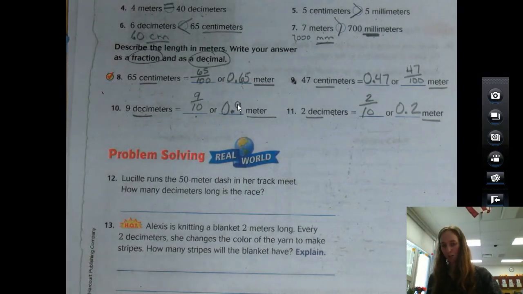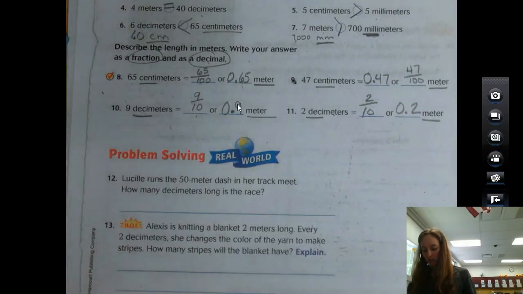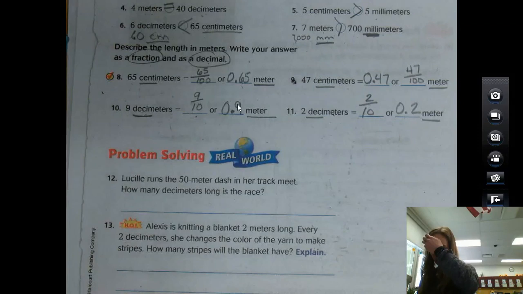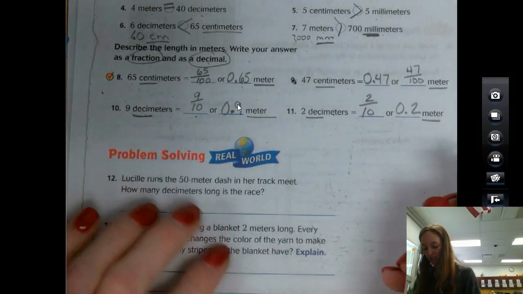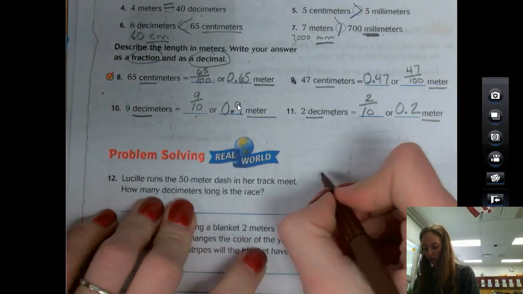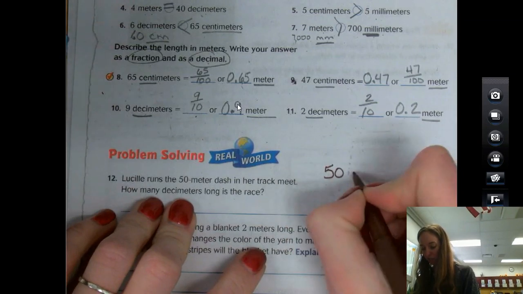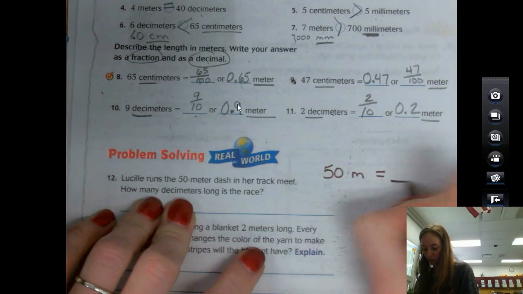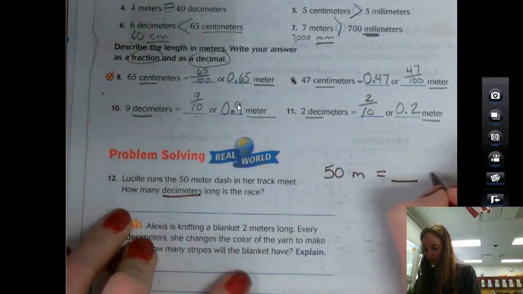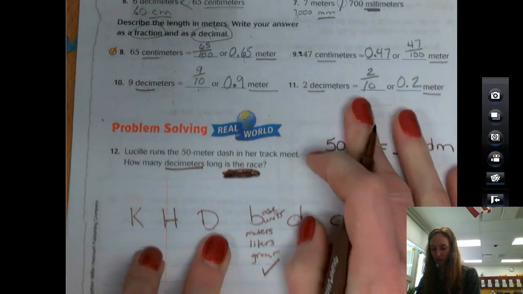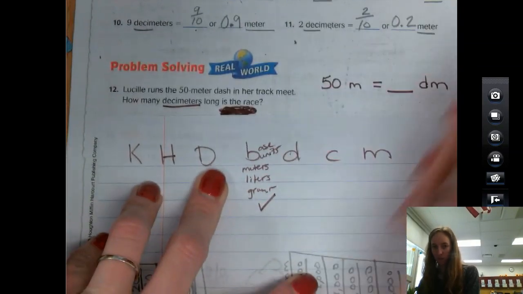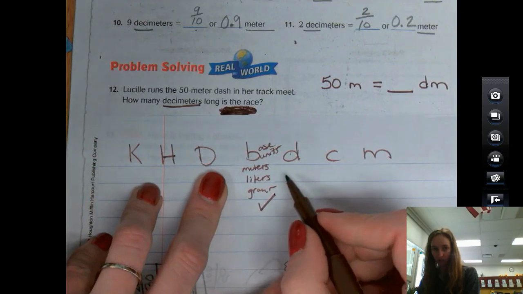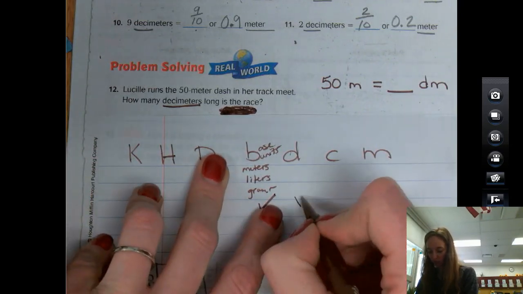Okay? All right. Lucille runs the 50-meter dash in her track meet. How many decimeters long is the race? They're basically asking me 50 meters equals blank decimeters. Can you see that? And I'm going to decimeters, which is right next door.